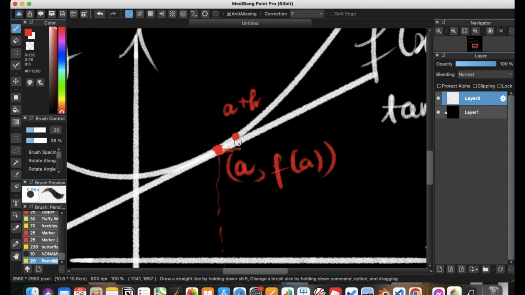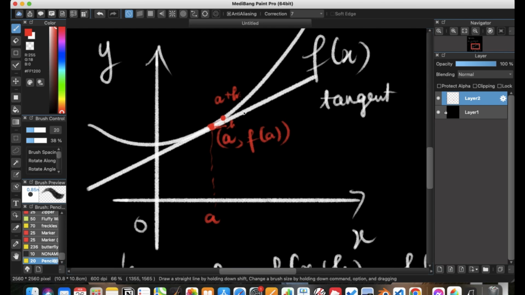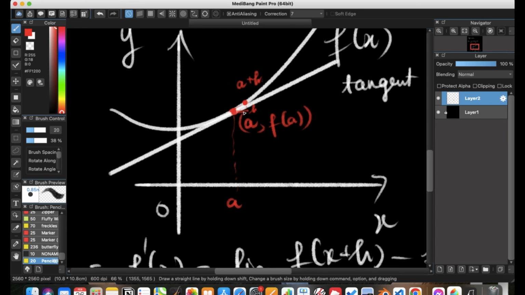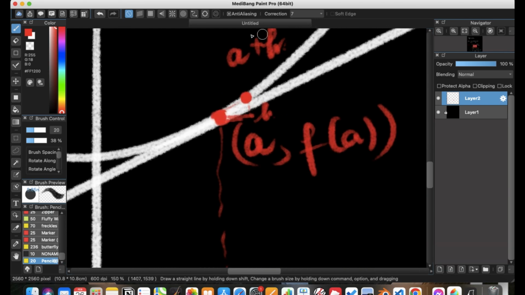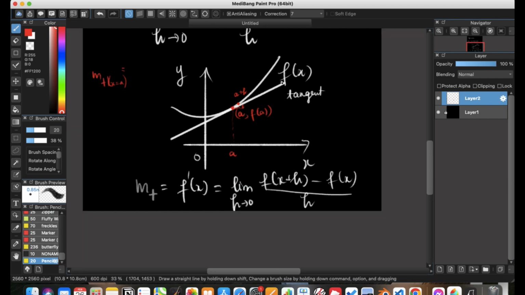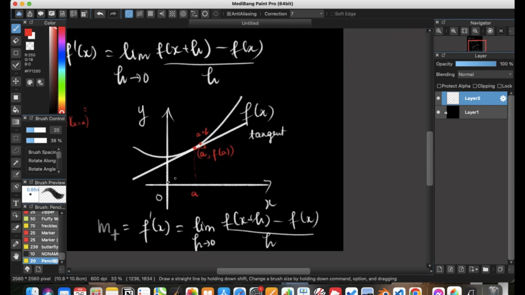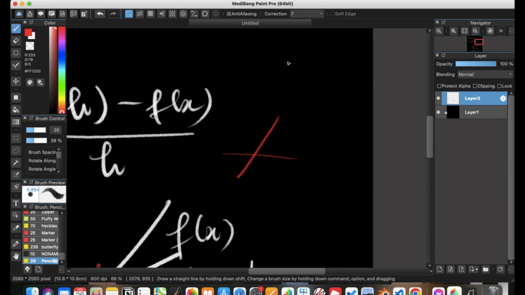So this is h, because h is really small. So basically, I can just pretend that both of these points belong to this line, and to find the slope of a line, you just gotta take, so this is (x1, y1), this is (x2, y2).